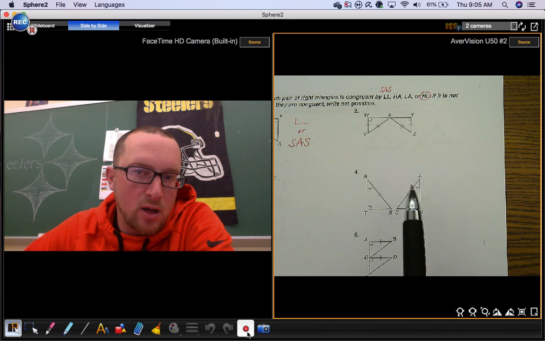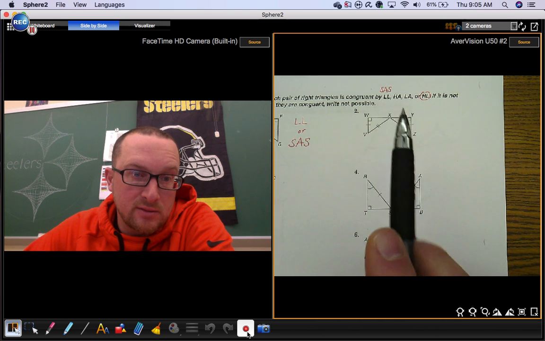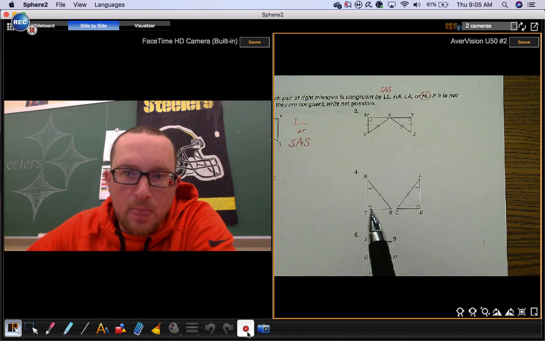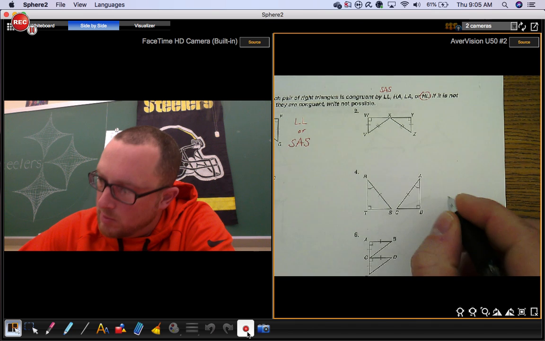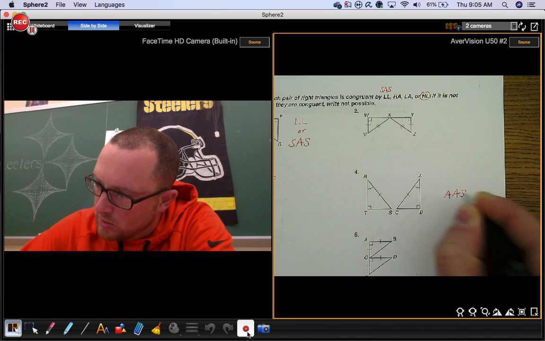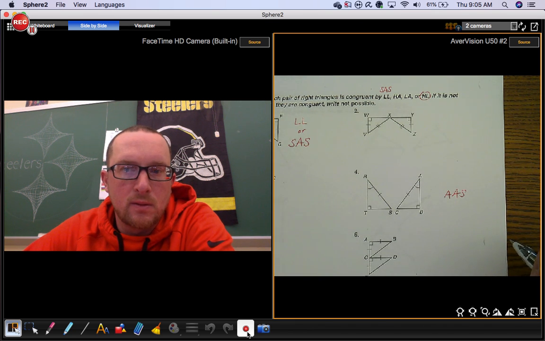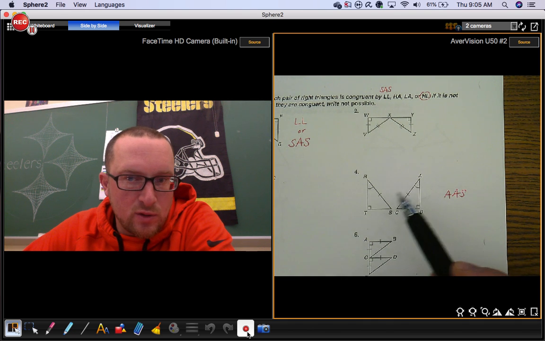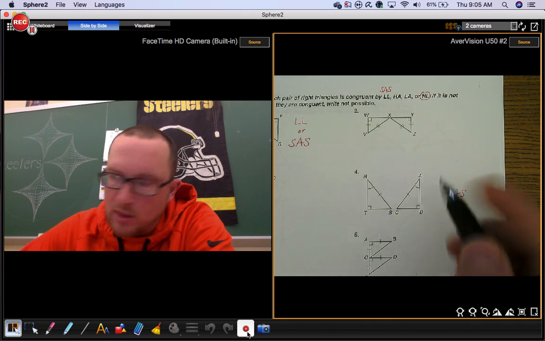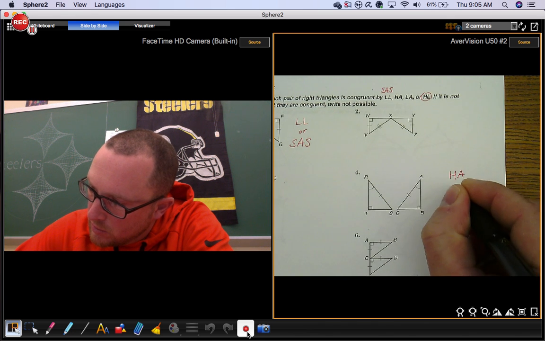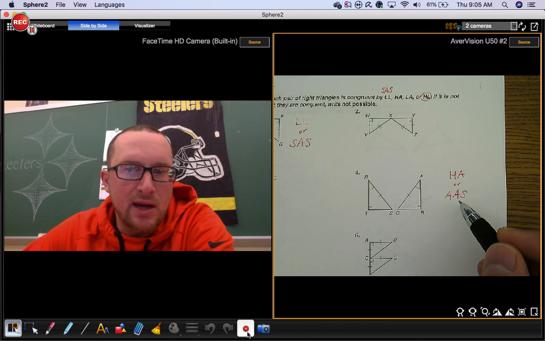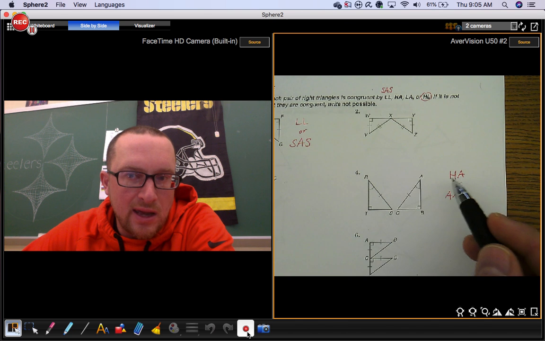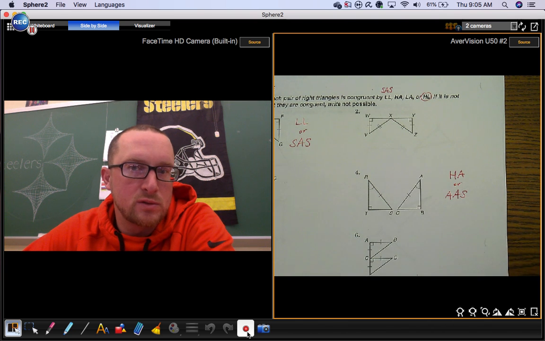Now, if we didn't know anything about HA, which you really don't, wouldn't you say that these two triangles are congruent by angle, angle, side? Now, since they are right triangles, you have congruent hypotenuses and congruent acute angles. So angle, angle, side could be HA for right triangles.